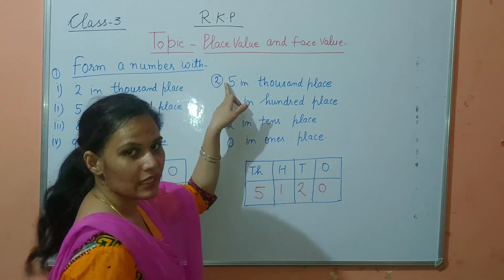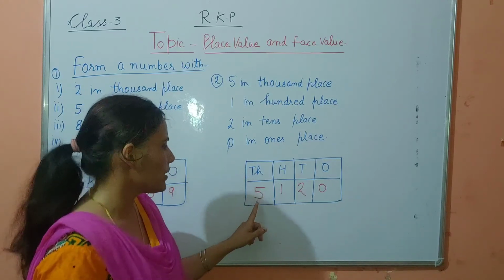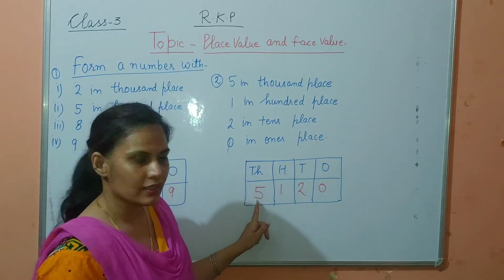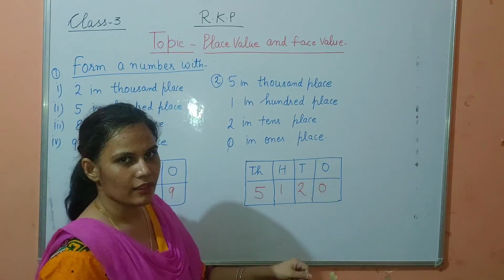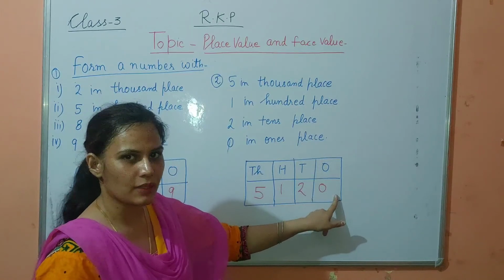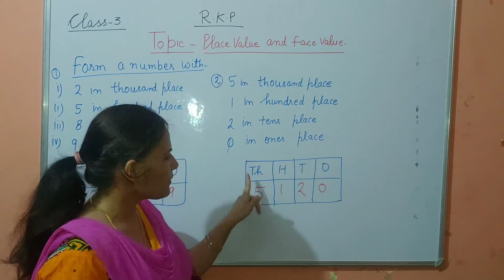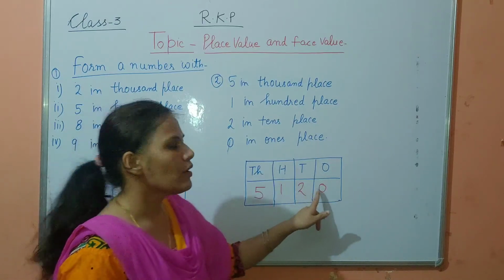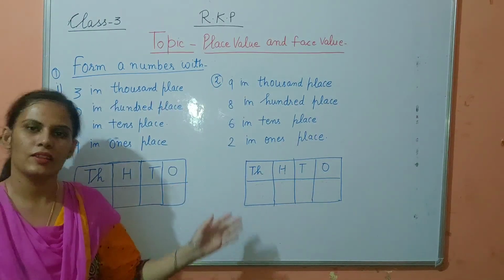Just start from the beginning. 5 in 1000 place. First of all, write the numbers from the 1000 place. 5120. Don't do that, and don't read from the ones place. It will be read also from the 1000 place. 5120. So students, do these questions by yourself.